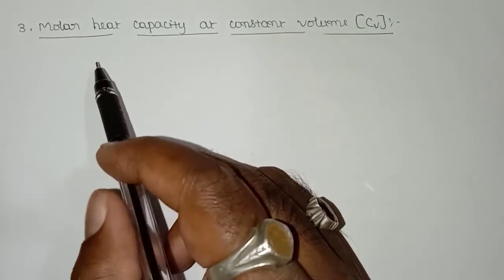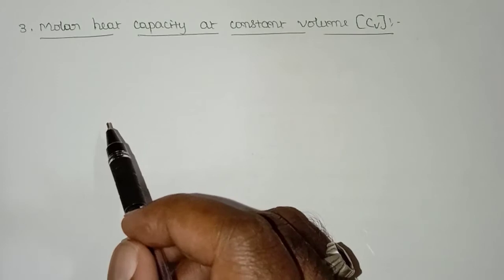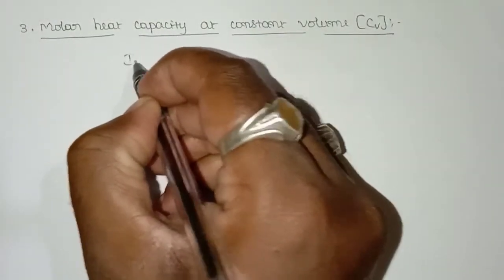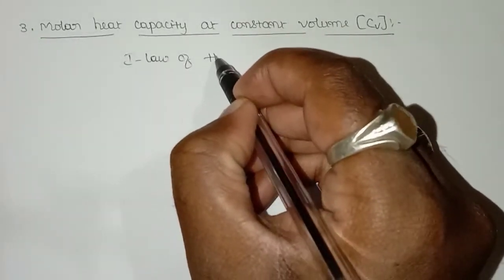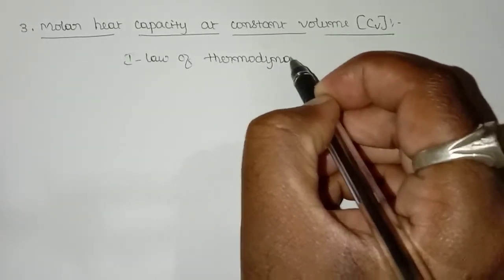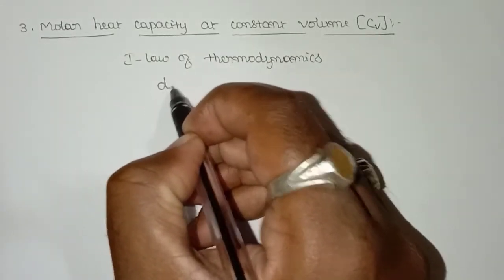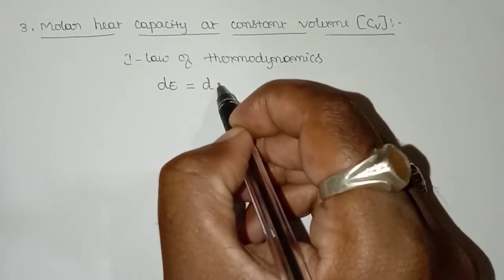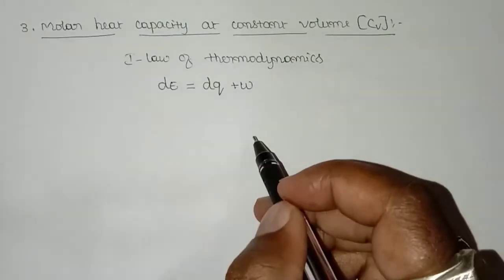So now let us go with the third term, that is molar heat capacity at constant volume. We know from the first law of thermodynamics, and the first law of thermodynamics plays a very important role in deriving the majority of the mathematical expressions in thermodynamics. So according to the first law of thermodynamics, the change in internal energy, that is dE, is equal to the quantity of heat supplied to the system plus the quantity of work done on the system.